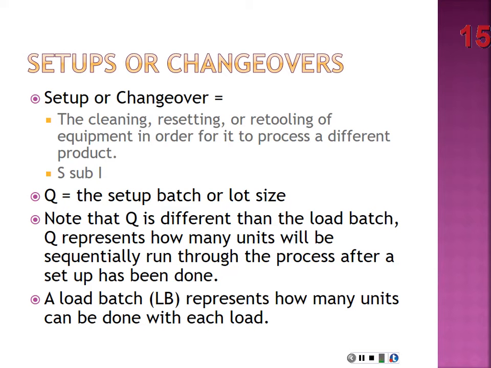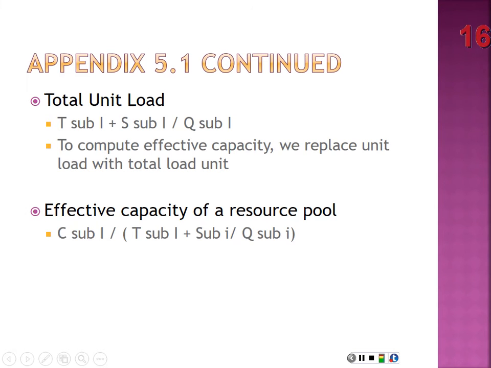Okay, so when I look at total unit load, I'm saying that my flow time plus my setup time divided by the number of units I'm going to run gives me total unit load. And then my effective capacity has to be revised to say it's going to be the number of resource units divided by that total unit load.